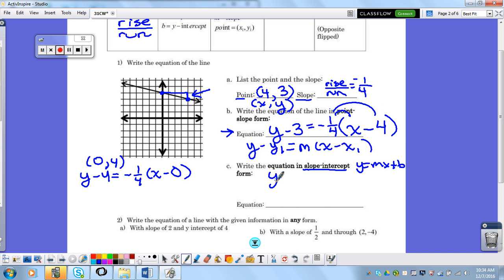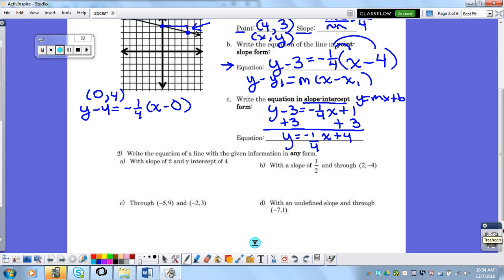So it is y minus 3 is equal to negative 1/4 x. Negative 1/4 times negative 4 gives you a positive 1, because a negative times a negative is, you guessed it, a positive. Now you're going to get your y by itself. So y equals negative 1/4 x plus 4. So we just completed number 1.